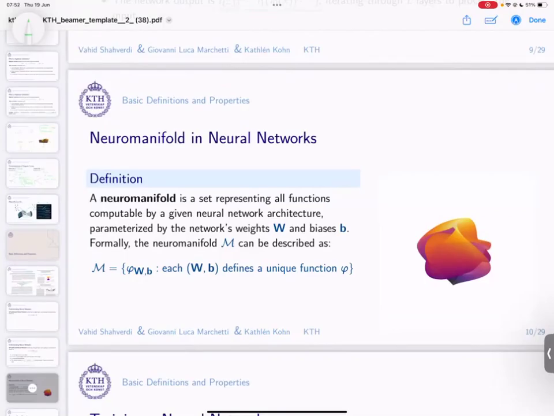So in mathematical terms, this curly M contains all the functions that your network parameterizes. Every tuple of matrices and biases gives you one function, and every function is a point on your neuromanifold. And that's kind of an imaginary object; your neuromanifold probably looks like this.